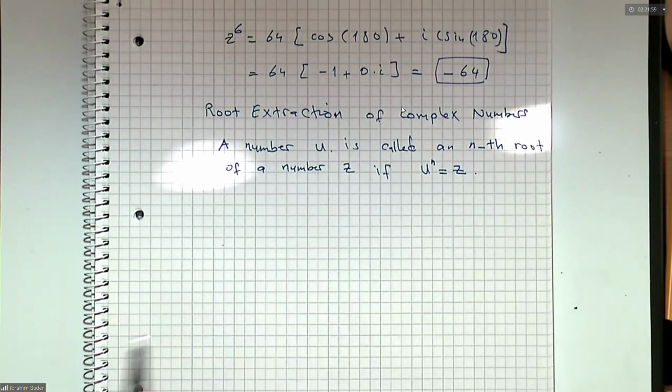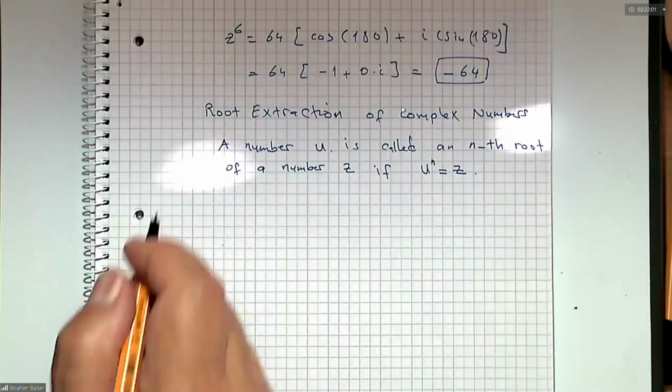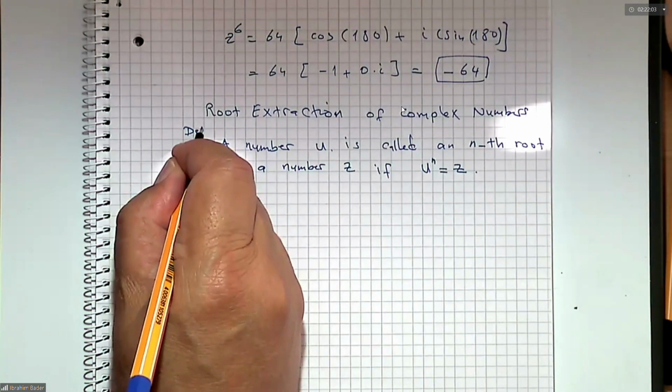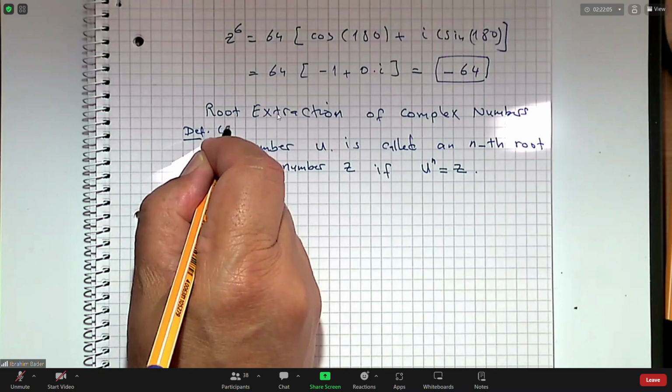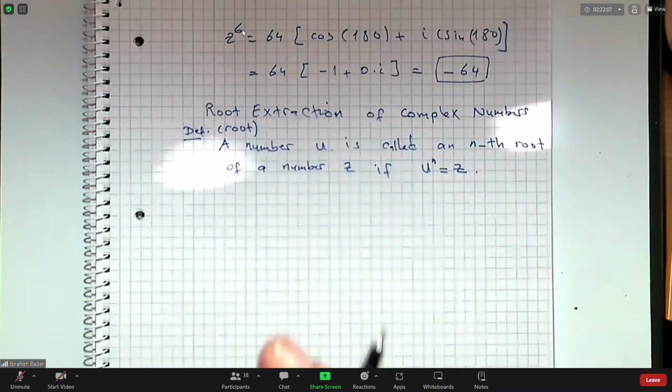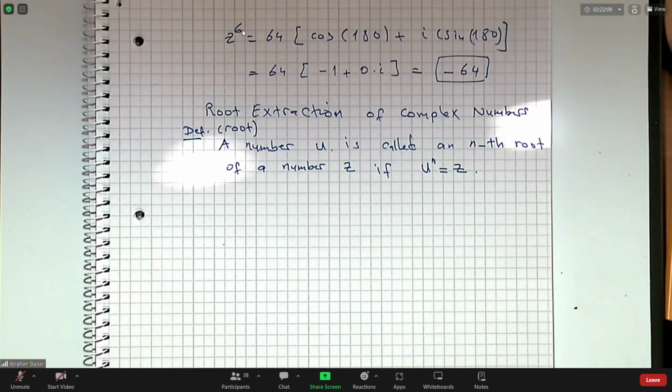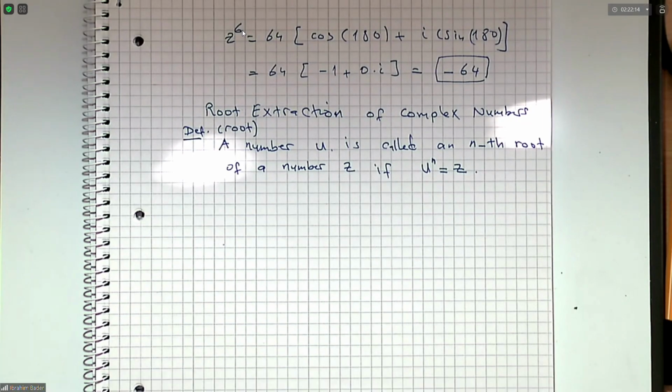So this is the definition of the root, actually. Okay, 5 is a root of 25, that means 5 to the power 2, or you say 2 is a third root of 8. That means 2 to the power 3 is equal to 8. So this here is the same.